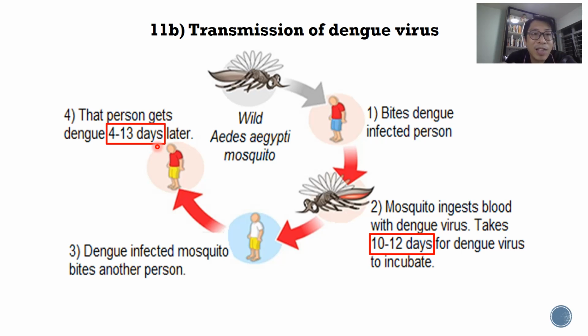With different countries, different temperatures, different weather, the number of days is a bit different, because the incubation periods and the time for the mosquitoes and the virus to develop are affected by temperature. So you don't have to be too concerned with the number of days. Just know the whole sequence of events.